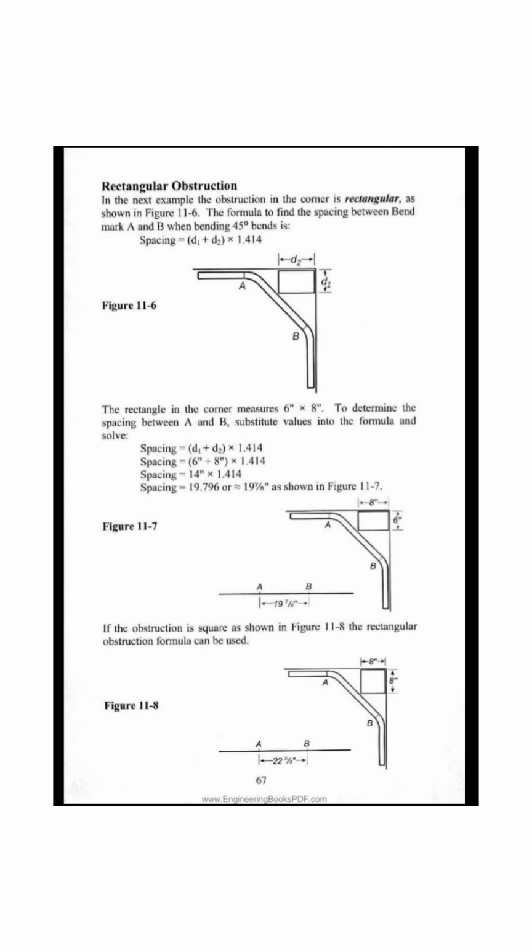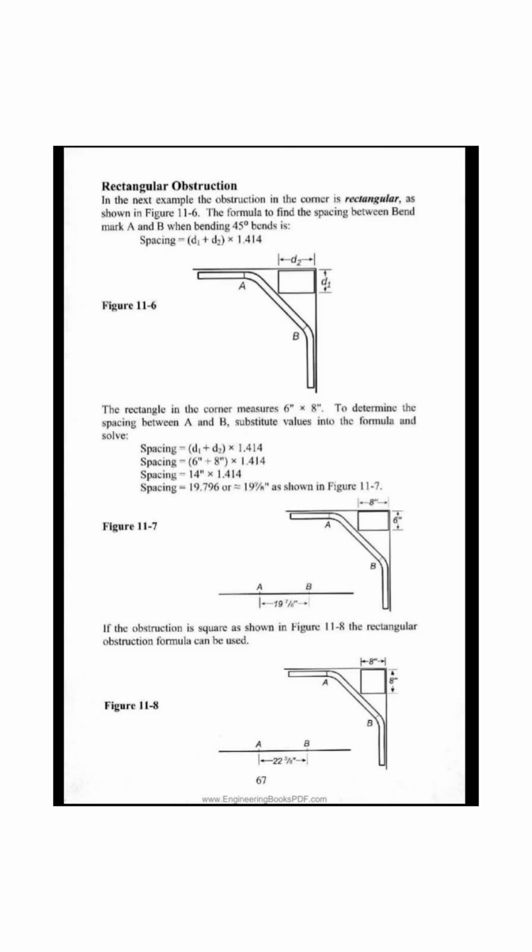Rectangular obstruction. In the next example, the obstruction in the corner is rectangular, as shown in figure 11-6. The formula to find the spacing between bend marks A and B when bending 45 degree bends is spacing equals (D plus D) times 1.414. The rectangle in the corner measures 6 inches by 8 inches.